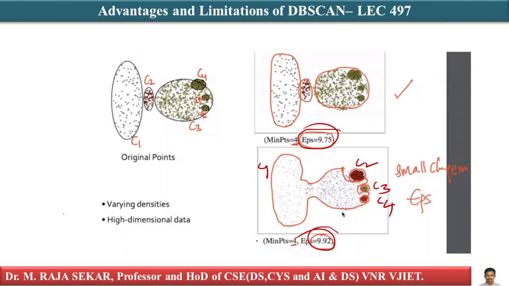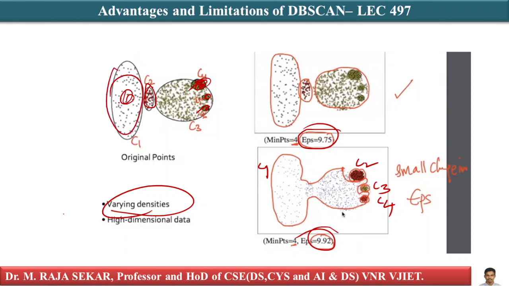So what happens is, when you have data which contains varying densities, your data set, here you have high density, low density, high density, like that, varying densities, isn't it? Because this region has a high density. This is a medium density.